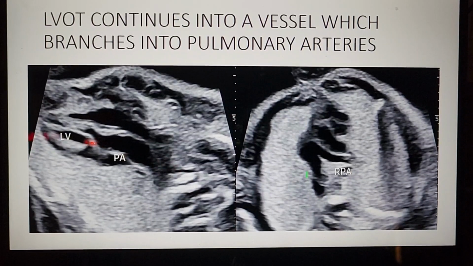So the LV, which is the posterior chamber, gives rise to a vessel which gives rise to pulmonary arteries or branches immediately. So the left ventricle gives rise to pulmonary artery.